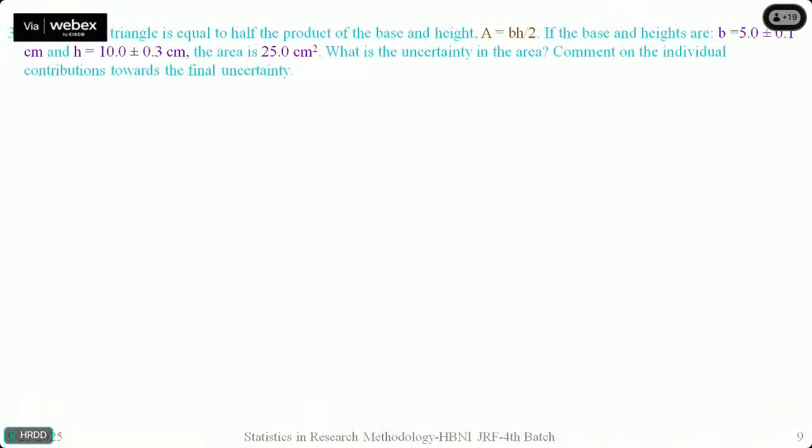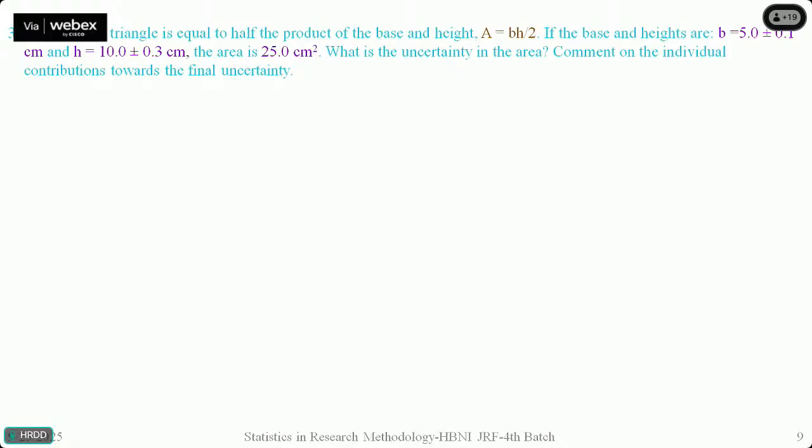Area is calculated from the base and height measurements. Here, simply the product of base length and the height length. You have to do the propagation. Now you have to do one more job.